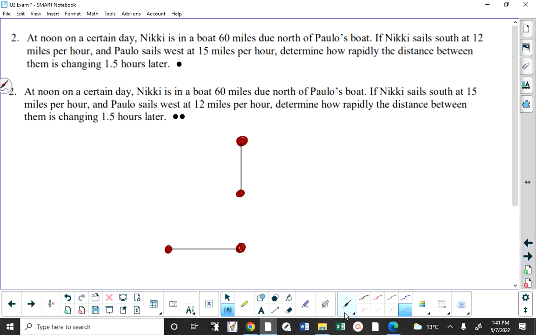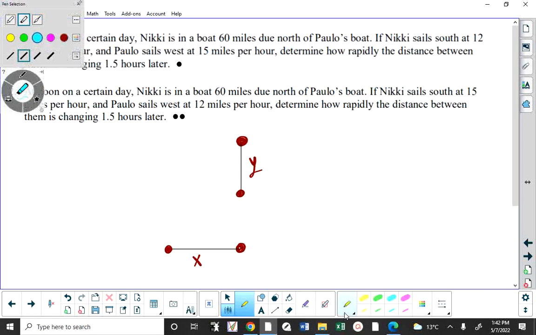In either case, you need to call the distance that Paulo travels x. You don't have to call it x, but it's reasonable because it's a horizontal distance, and the distance that Nikki travels y. And you can construct out of this diagram a Pythagorean triangle that shows the distance between Nikki and Paulo at some later time.